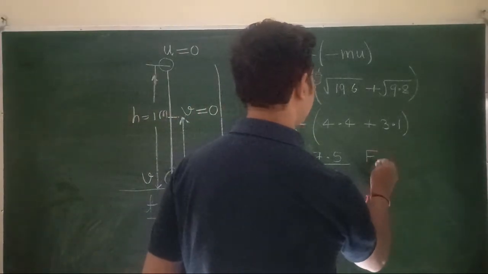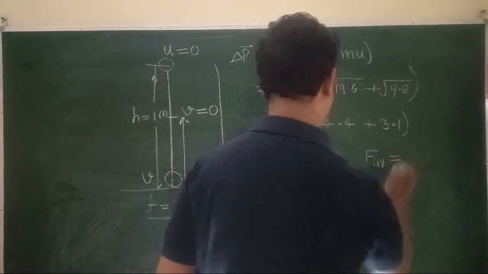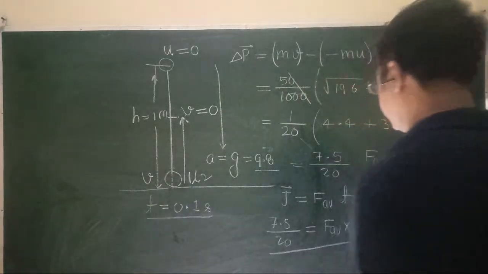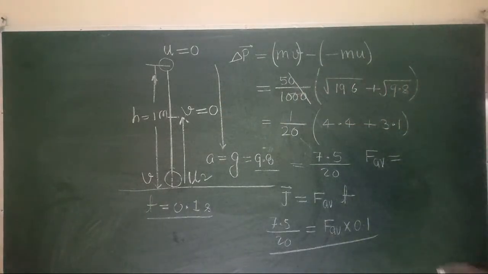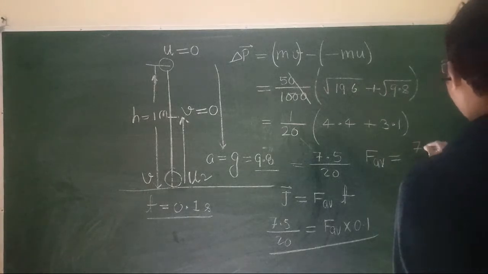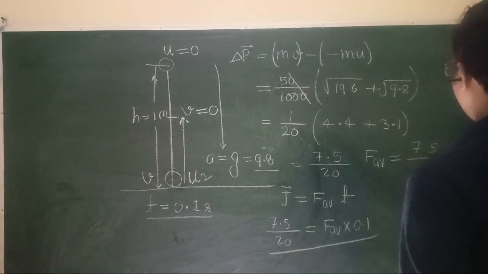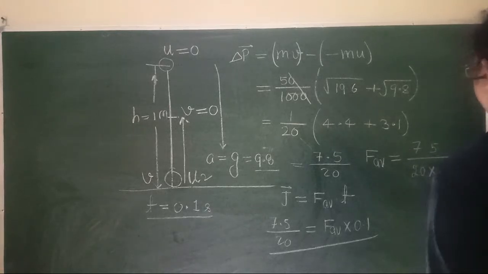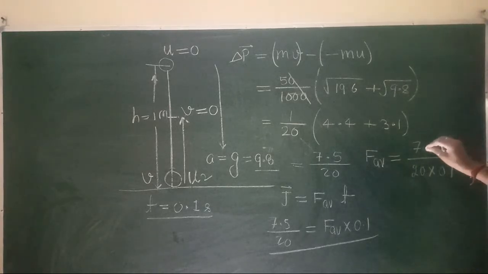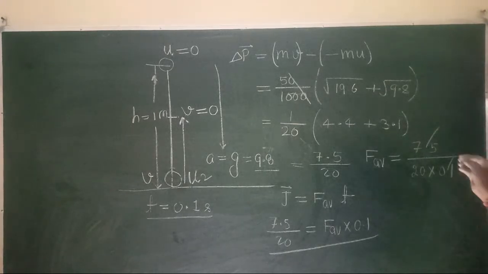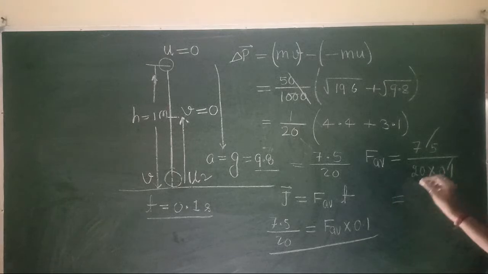So average force is here how much? 7.5 upon 20 upon 0.1. This 0.1 and 0.1 go away here. You can calculate easily.